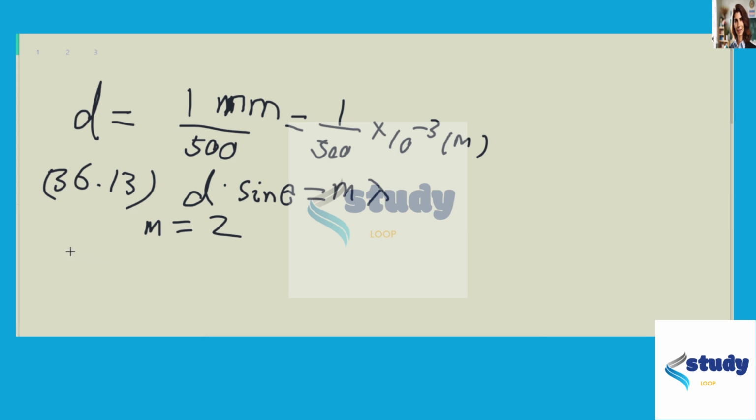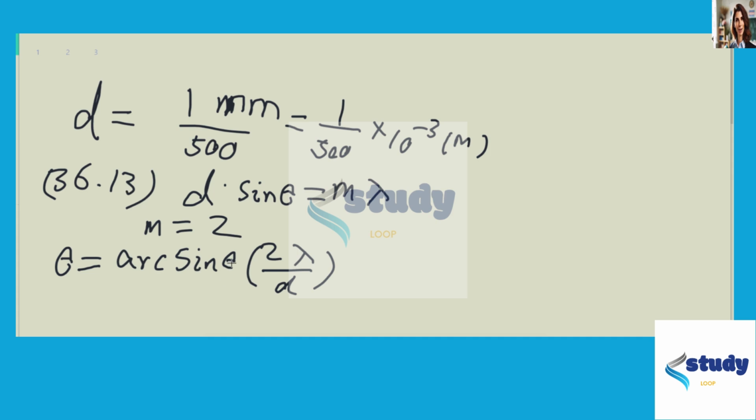So we will get theta equals arc sine of 2 lambda over d.